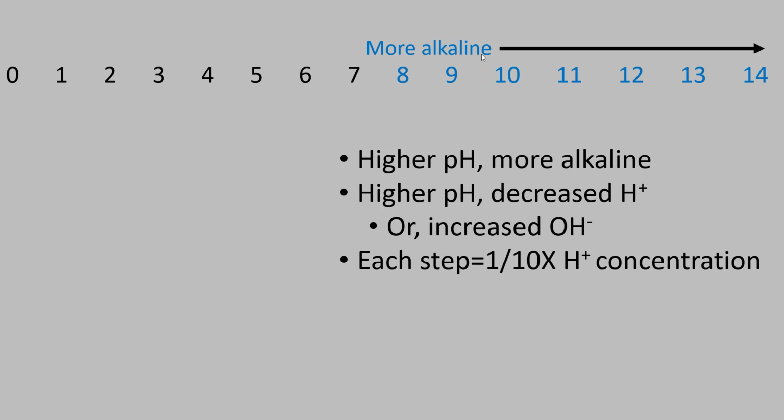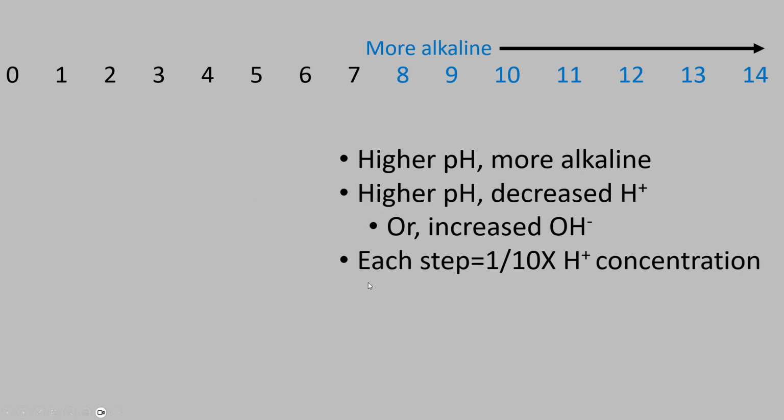Sometimes, instead of just H plus going down, we see OH minus going up. There's a little bit more to it when you go on to a chemistry class, but for us, we just say as pH increases, H plus decreases, or OH minus increases.